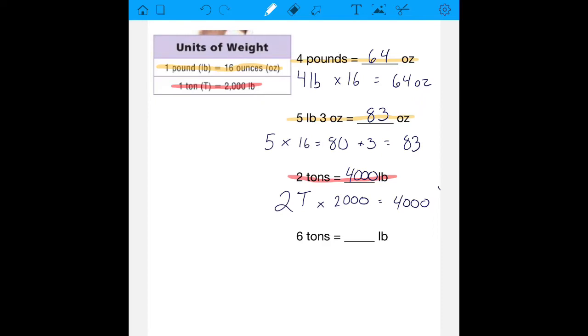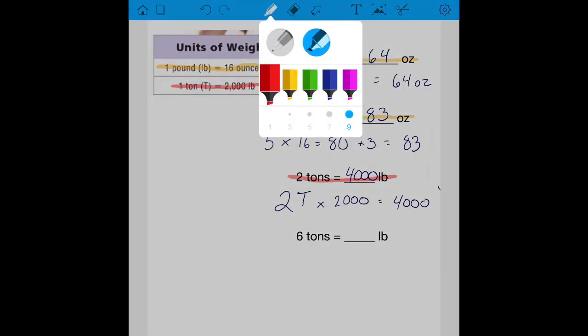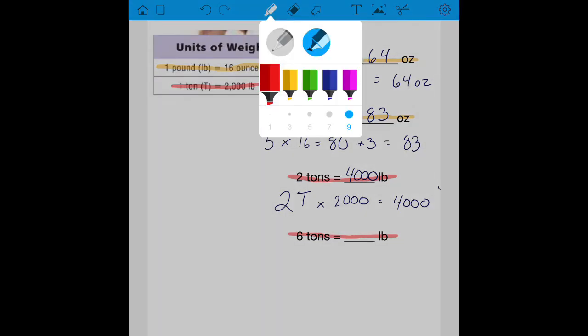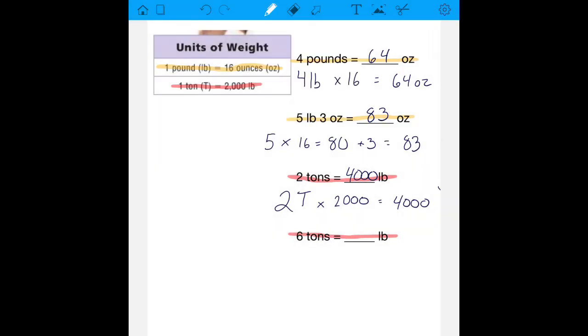Now finally, on this last problem here, I know that it wants me to convert 6 tons over to pounds. Well, I'm going to follow those exact same steps. In this case, I'm going to take 6 tons times 2,000 again, and that's going to equal 12,000. So 6 tons equals 12,000 pounds.